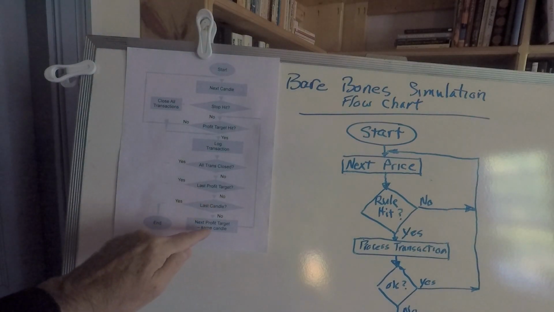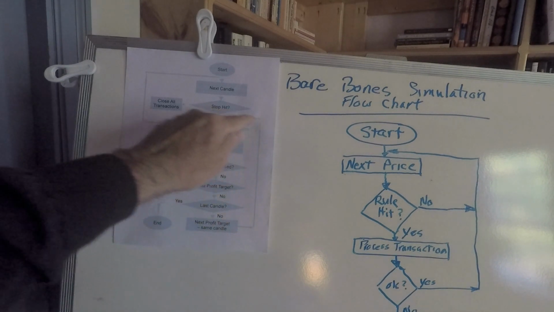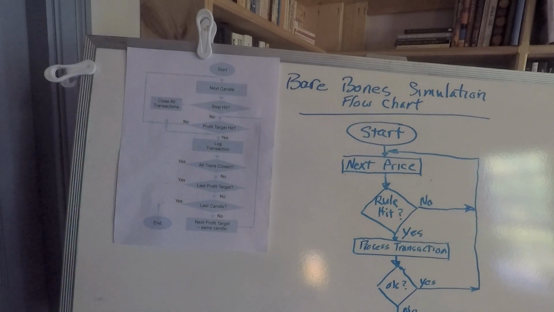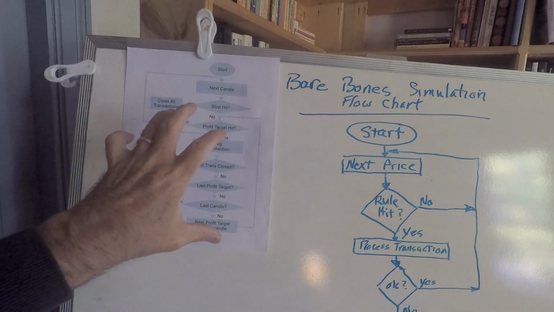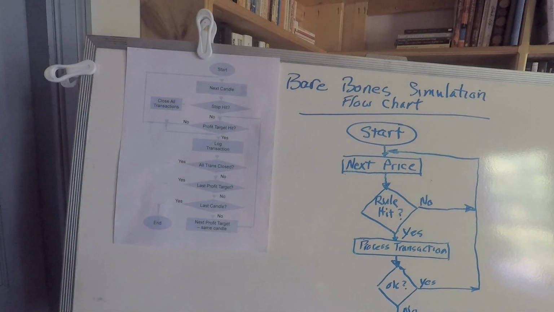Well, then I need to check to see if the next profit target has been hit, but it's the same candle. So I go up here and come back and check to see if the next profit target was hit. So that's the more complicated and complete flowchart of the application, as opposed to just what the flowchart of the simulation was.